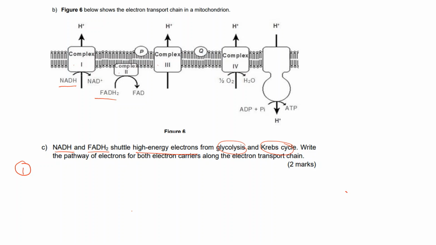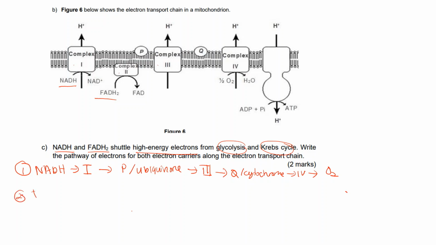For NADH, the electrons will be released and received by complex 1. Complex 1 will pass the electrons to P, or ubiquinone. And then ubiquinone will pass to complex 3, and then to Q or cytochrome, and then pass to complex 4, and then the last electron acceptor will be oxygen.